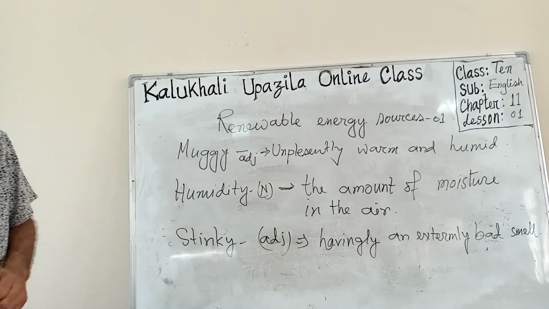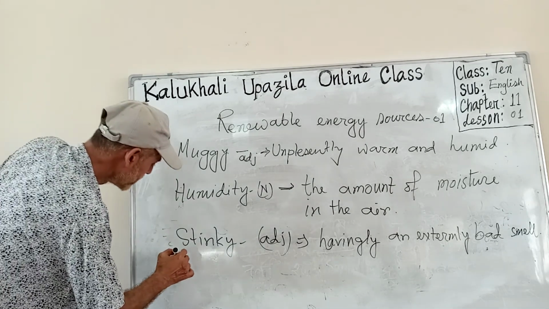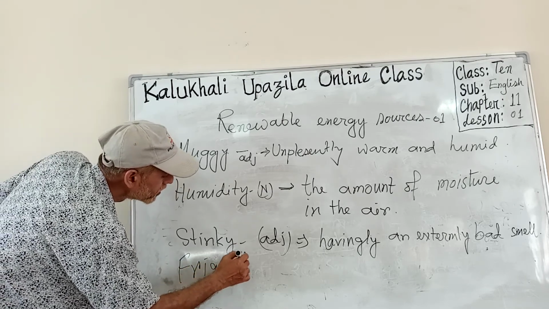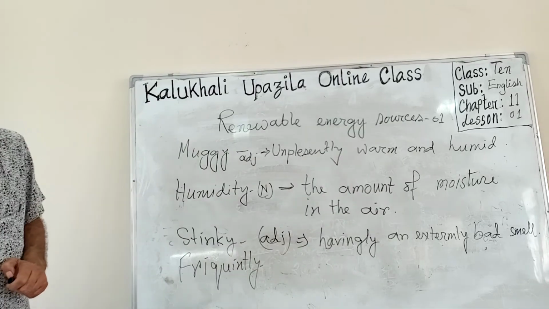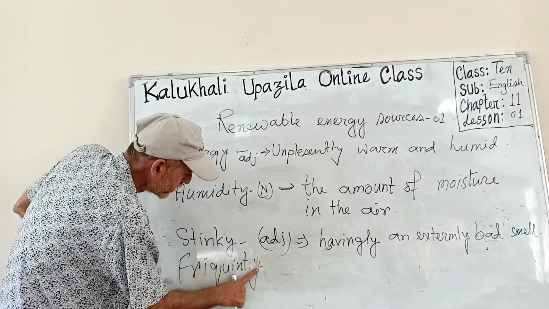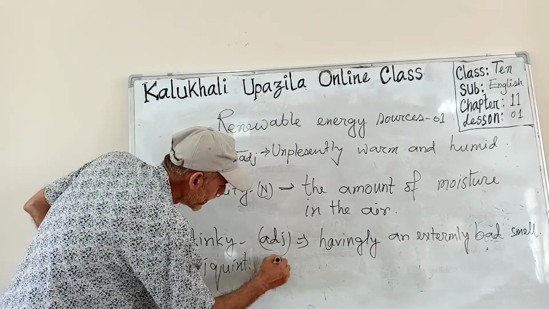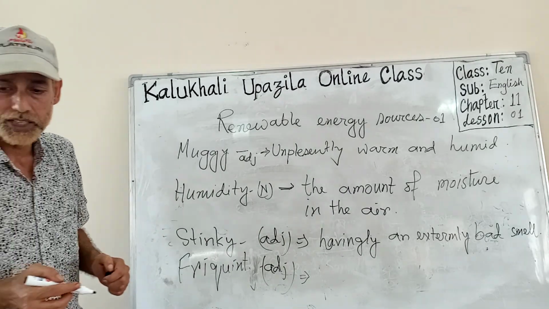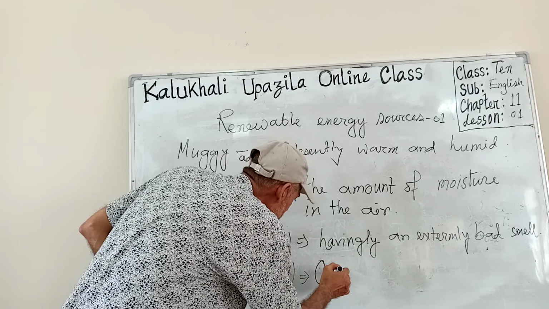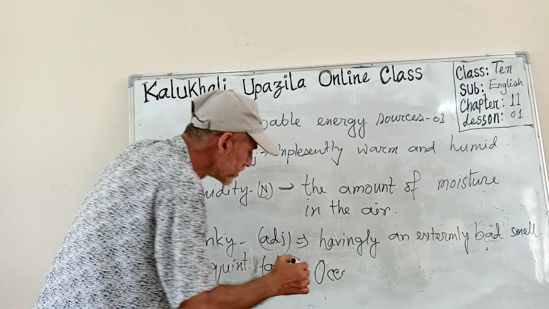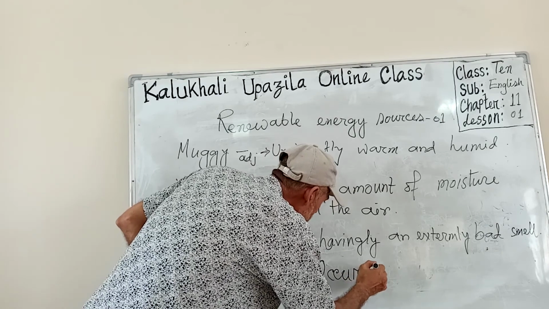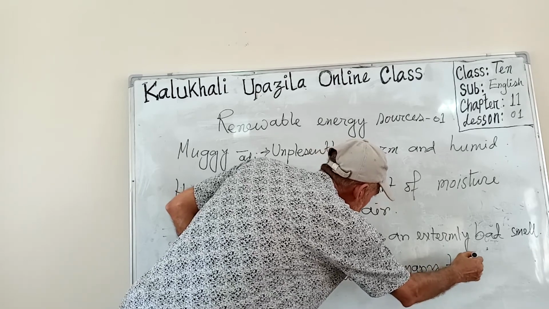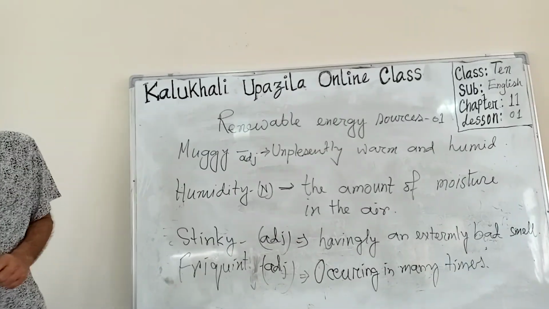Okay. Frequent. It is also an adjective. The meaning of it: occurring many times.